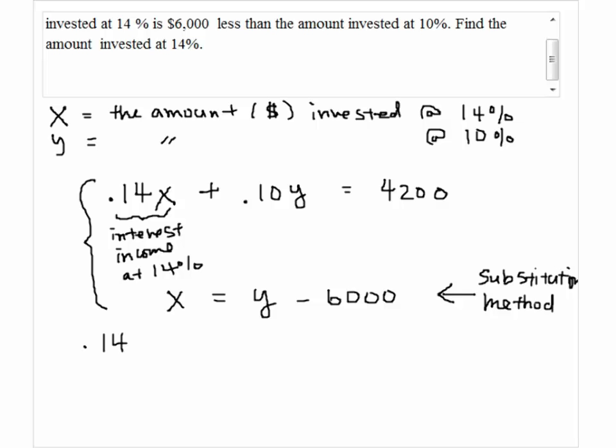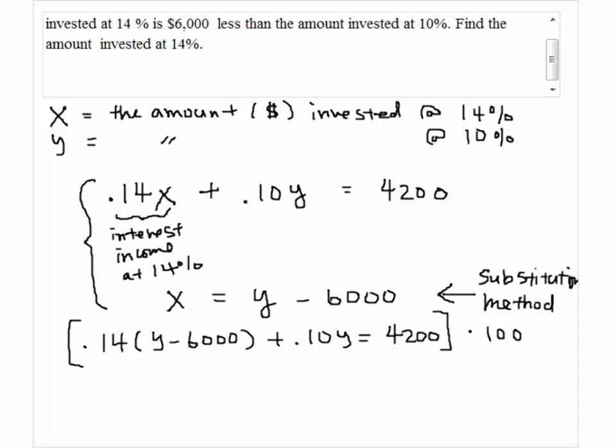So we have 0.14 times Y minus 6,000 plus 0.1Y equals 4,200. By multiplying both sides by 100, we can eliminate the decimals.